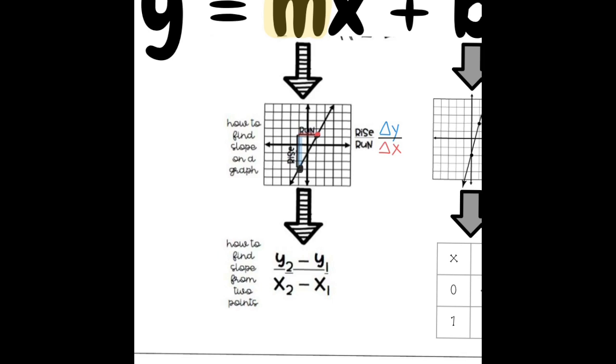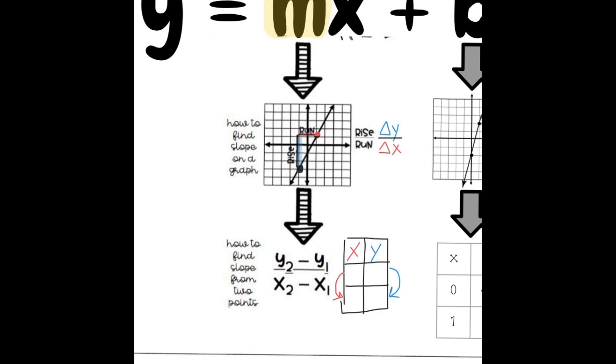Another way that you can find slope from 2 points is with the slope formula. That slope formula is something you need to see because it is featured on your MCA formula sheet. But what it's really asking you to do is the same thing that we always have done, which is to take the 2 points that you have, put them into a table with your x values on the left and your y values on the right, and find your change in x and find your change in y.